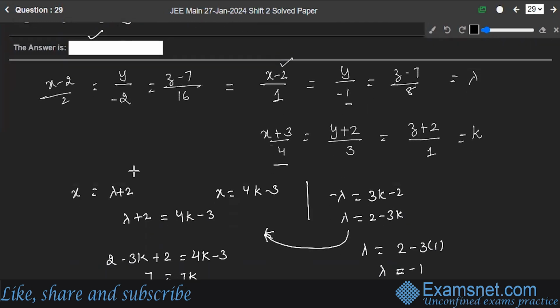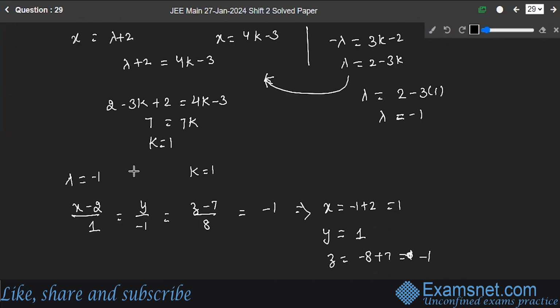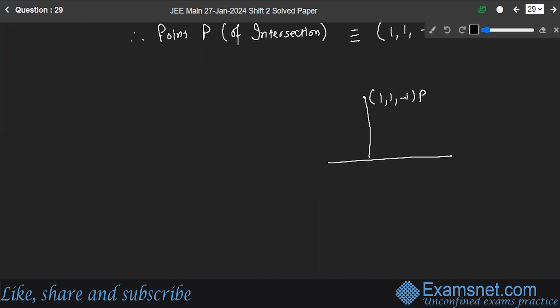Let's write it down: (x plus 1) upon 2, (y minus 1) upon 3, (z minus 1) upon 1. So what are the direction ratios for this? If I'm writing the vector form, this will be 2i, 3j, and k. This is the vector form of the line.